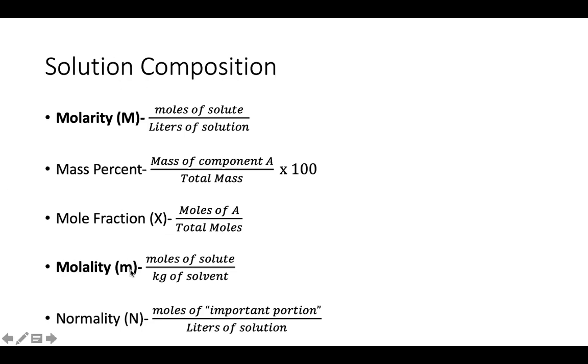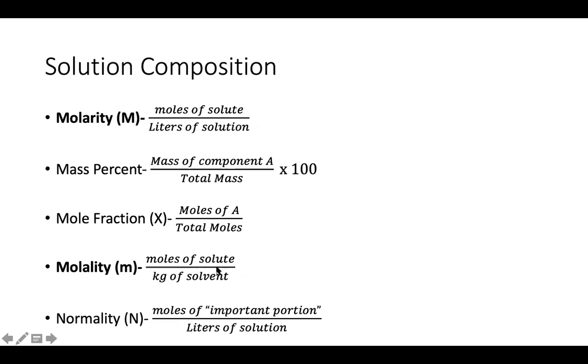Molarity is the big M. Molality is the little m. Molality has the same numerator as molarity. It's moles of solute, but it's the denominator that is different, right? It's kilograms, but kilograms of just our solvent. Molarity is in terms of solution. Molality is kilograms of solvent.